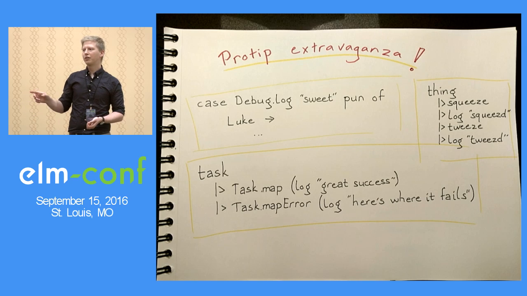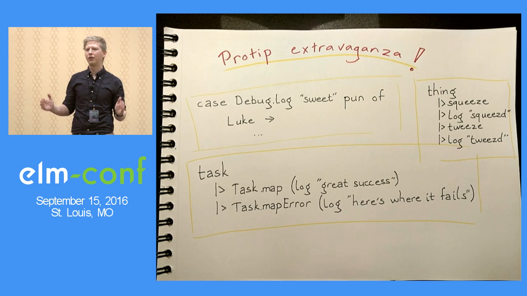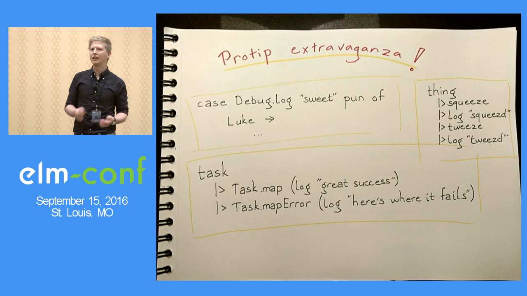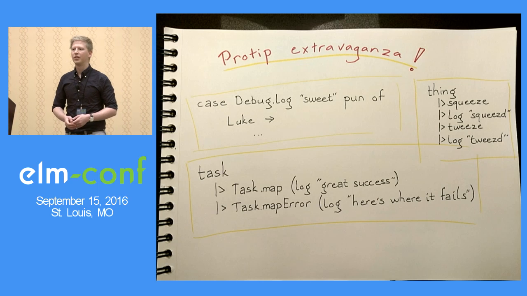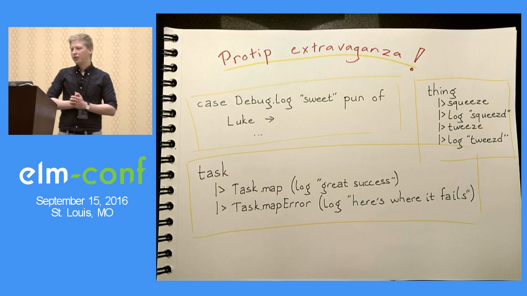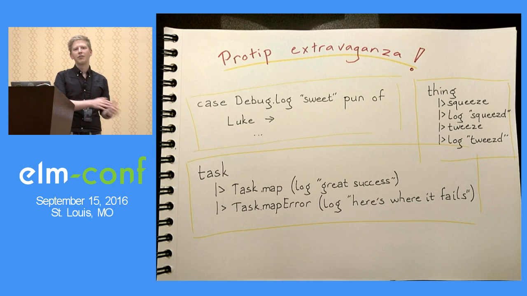You can log both of those just by using a pipeline and calling task.map with a logging expression, and then task.mapError with the same logging, and it will log the actual task value no matter if it's a success or a failure.